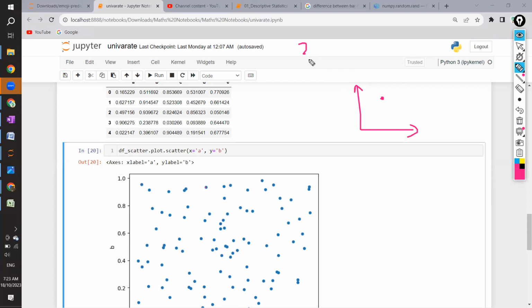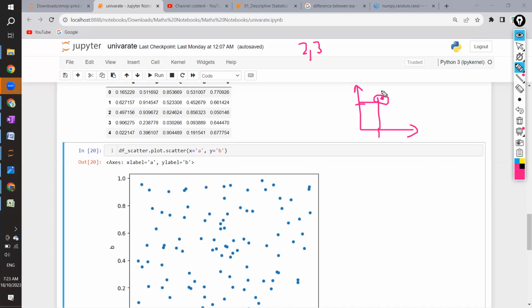If I say 2 comma 3, that means on the x-axis it is 2, on the y-axis it is 3, and wherever these two meet, that will be the point. Fine. So to plot any point, you should have at least 2 values if it is two-dimensional. If it is three-dimensional, you should have 3.